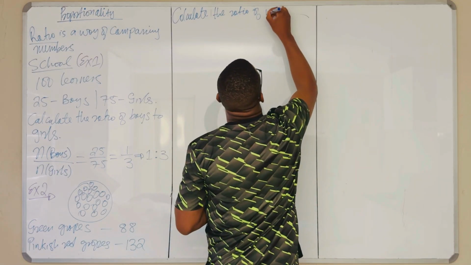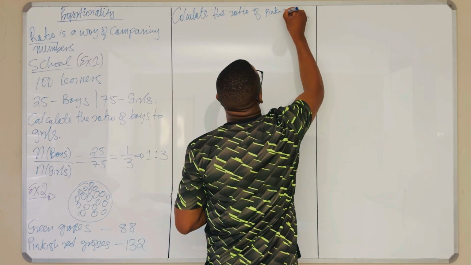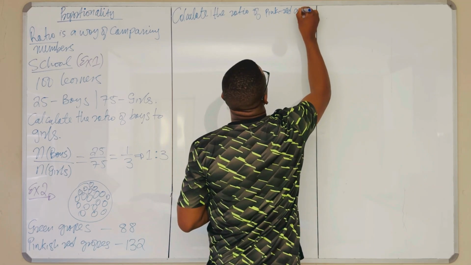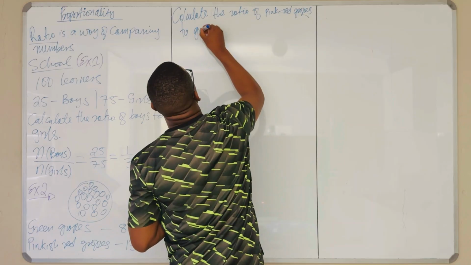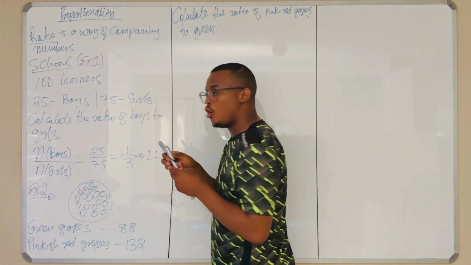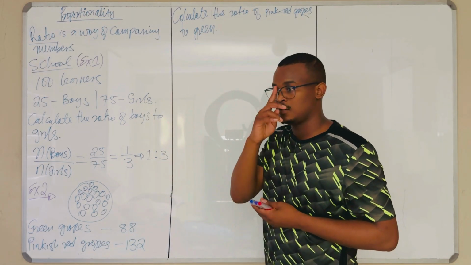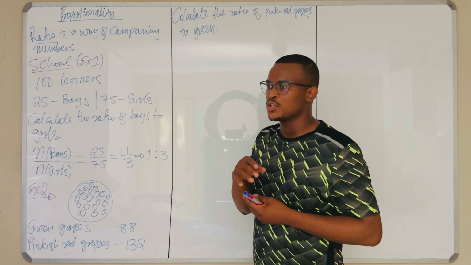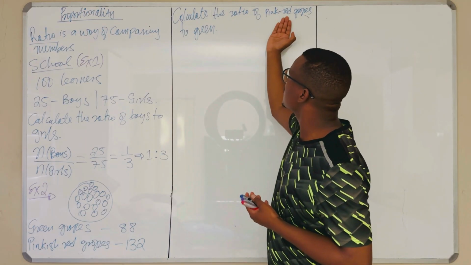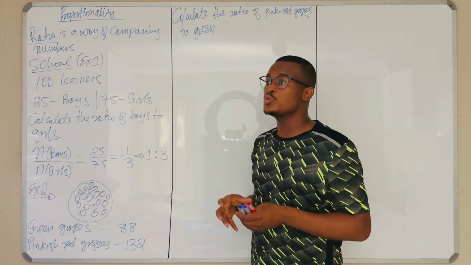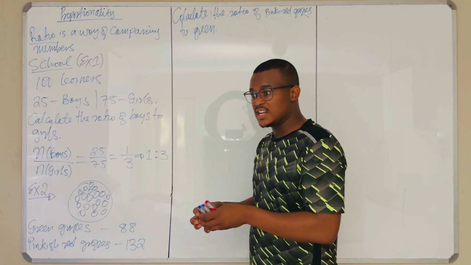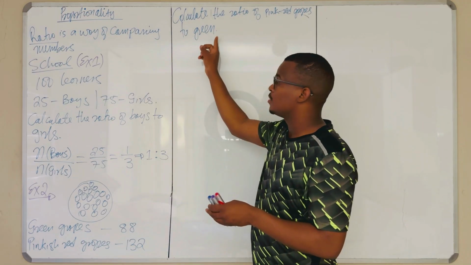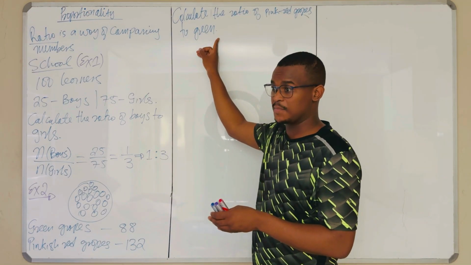Of the pinkish red grapes to what? To green. Remember, I said the order matters here. Not sure if that makes sense. So if you want the ratio of the pinkish red grapes to the green ones, it will be the number of pinkish red ones divided by the green ones.